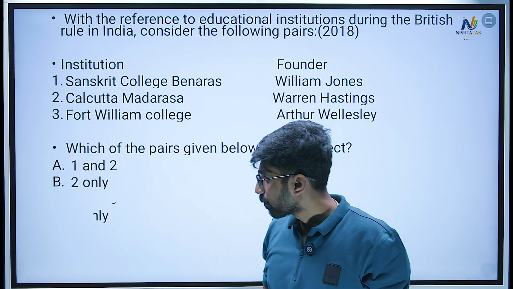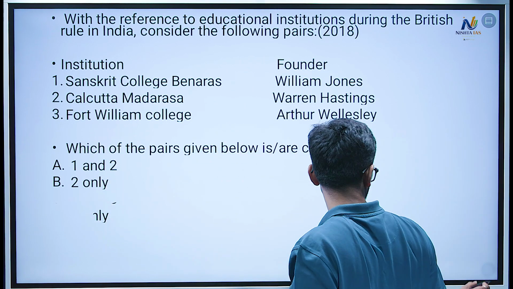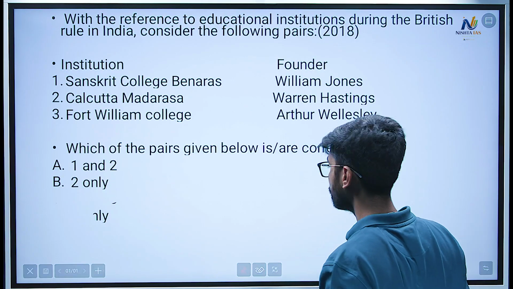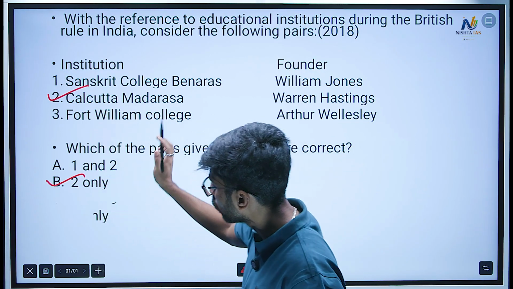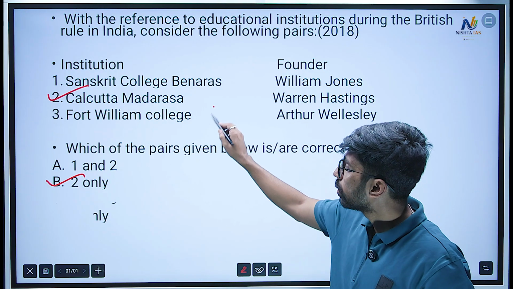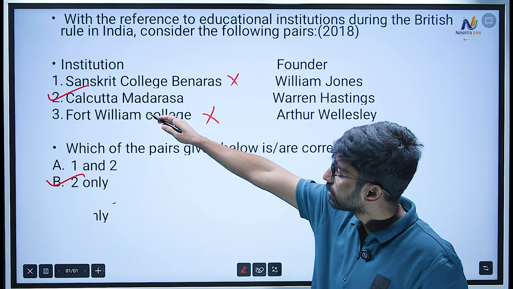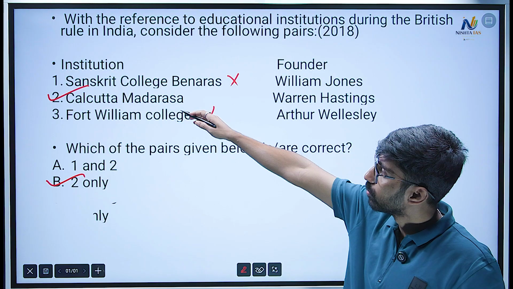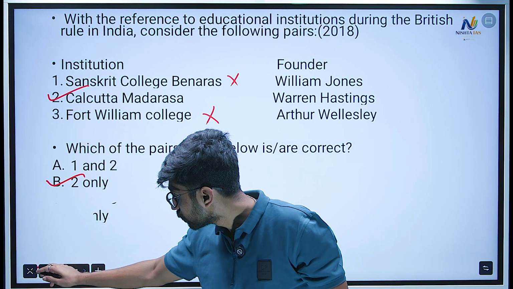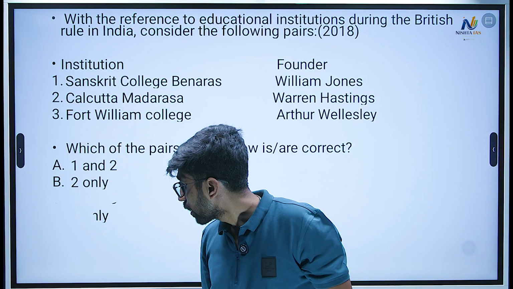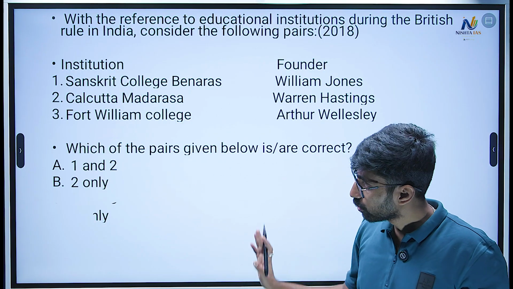The answer options are not coming properly, maybe some kind of issue. I don't know exactly what is happening, but just to understand that one, the answer is only this one, that is 2 only, that is B only. Don't worry about the other answer options. This is wrong, and this is also wrong. Only this one is correct, that is, the Calcutta Madrasa is correct. The answer is B actually.